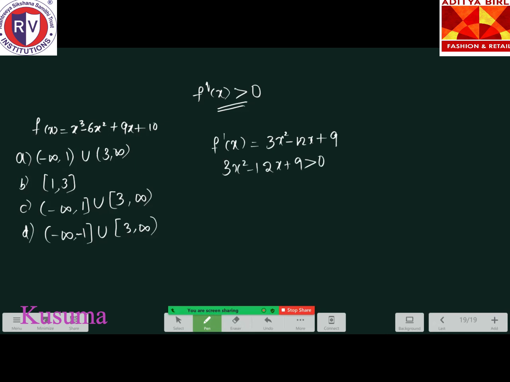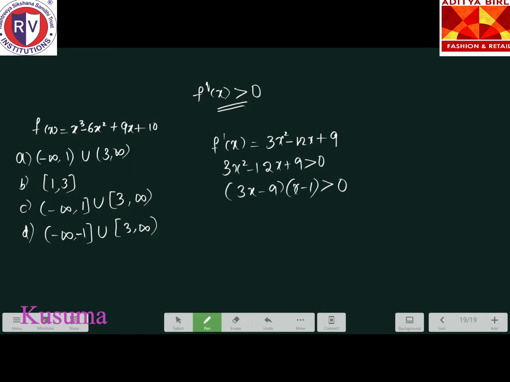So this is a quadratic equation. Let us simplify this. The factors of this will be 3x minus 9 into x minus 1. When we factorize, we will get 3x minus 9 into x minus 1, and this must be greater than 0.